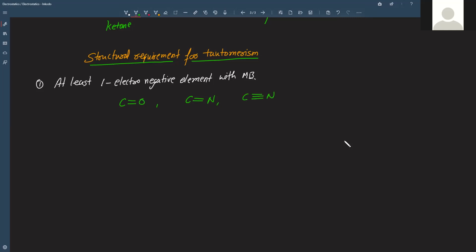C single bond X, where X is a halide, is electronegative, but there is no multiple bond, and halogen will not be able to form a multiple bond. So this is not a candidate for tautomerism, although there is an electronegative atom attached to carbon.